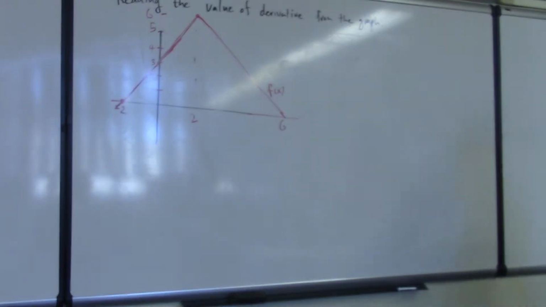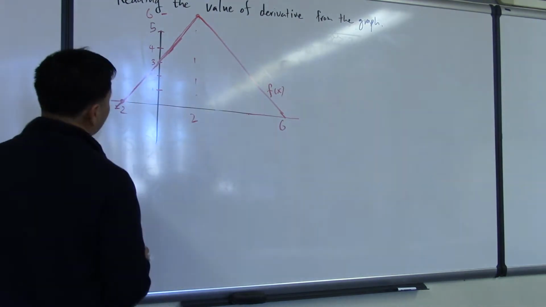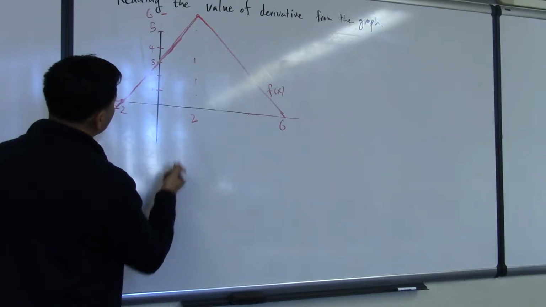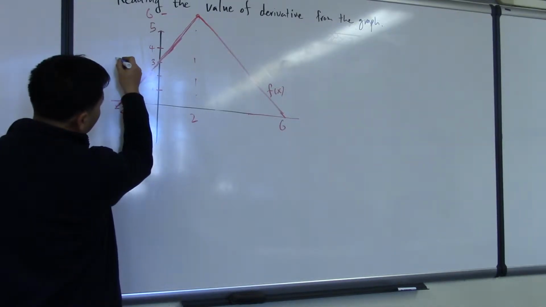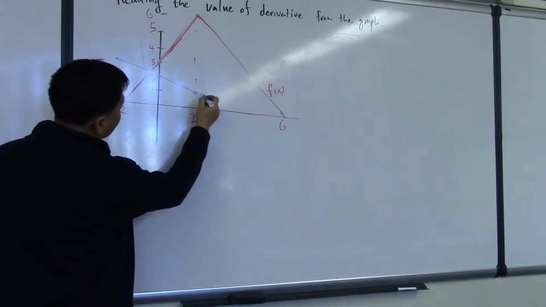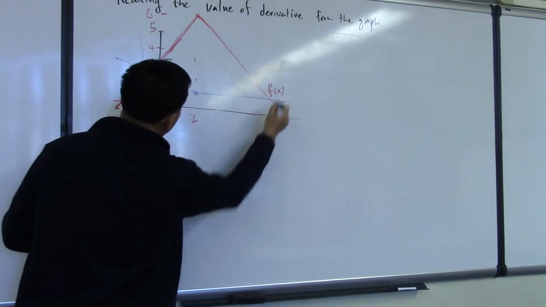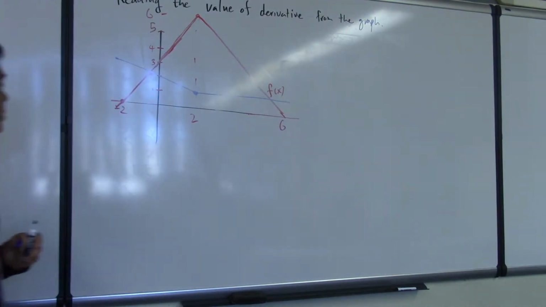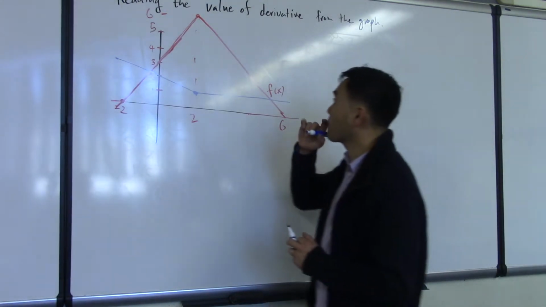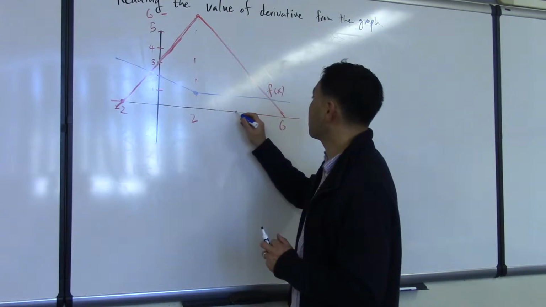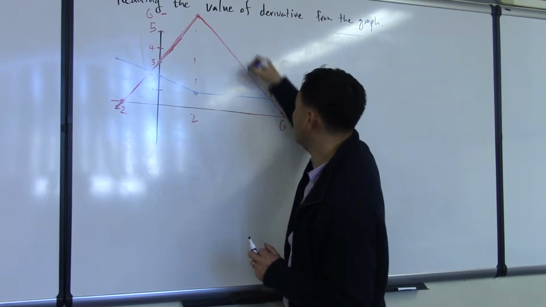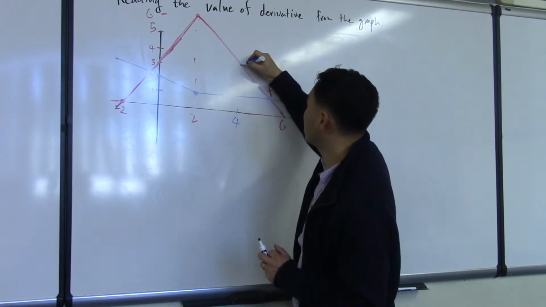The second graph, actually this will be, so at 4 this will be 3.